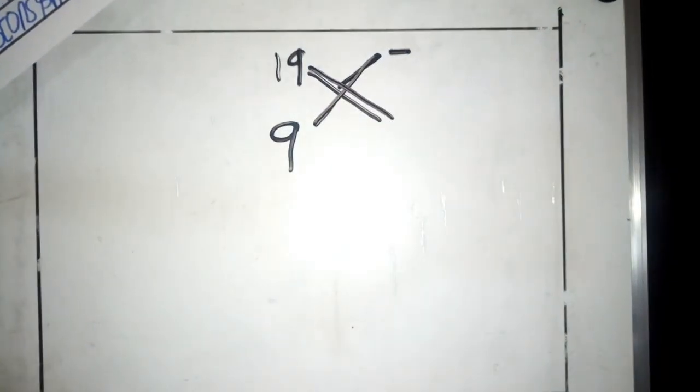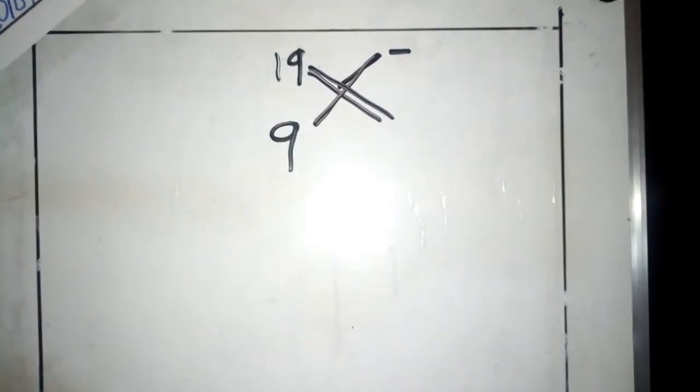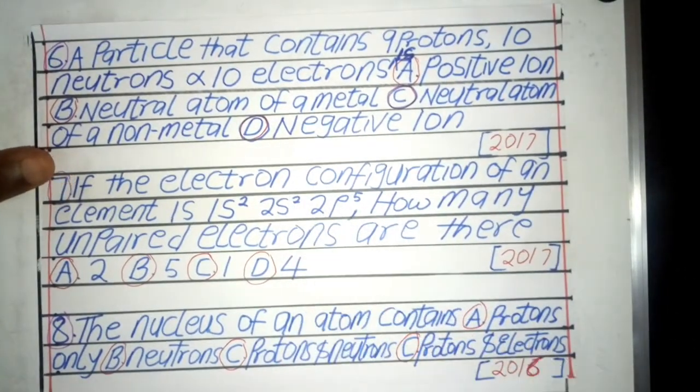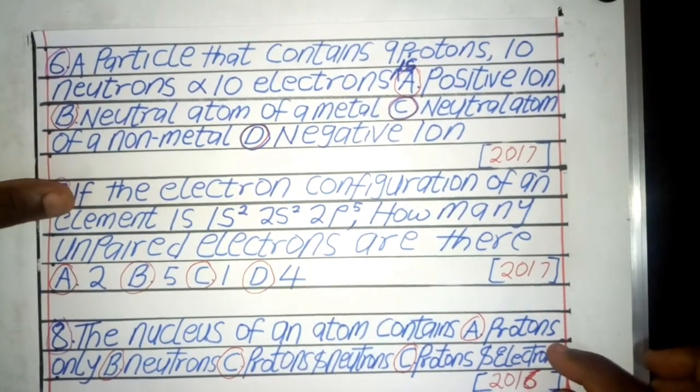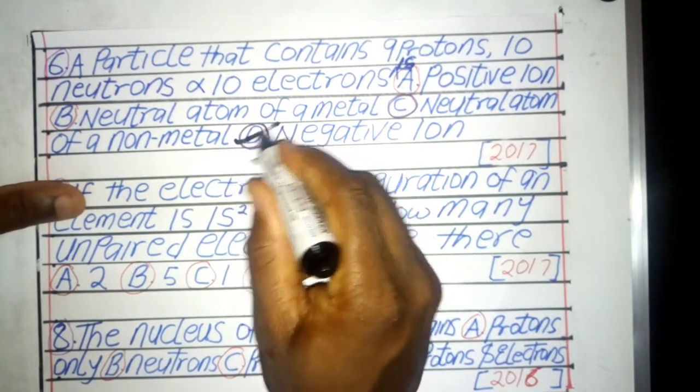And the options are positive ion, neutral atom of a metal, neutral atom of a non-metal, negative ion. So the answer is D, negative ion.